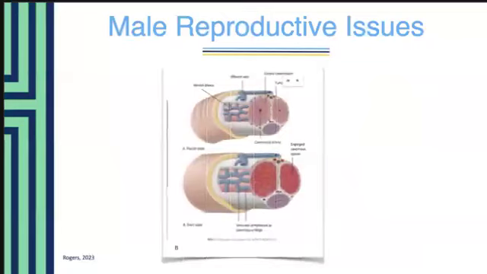Now, the primary mechanism is a compartment syndrome-like process where lack of venous drainage or impaired arterial inflow leads to that stagnant, deoxygenated blood pooling in the corpora cavernosa. This causes the ischemia.